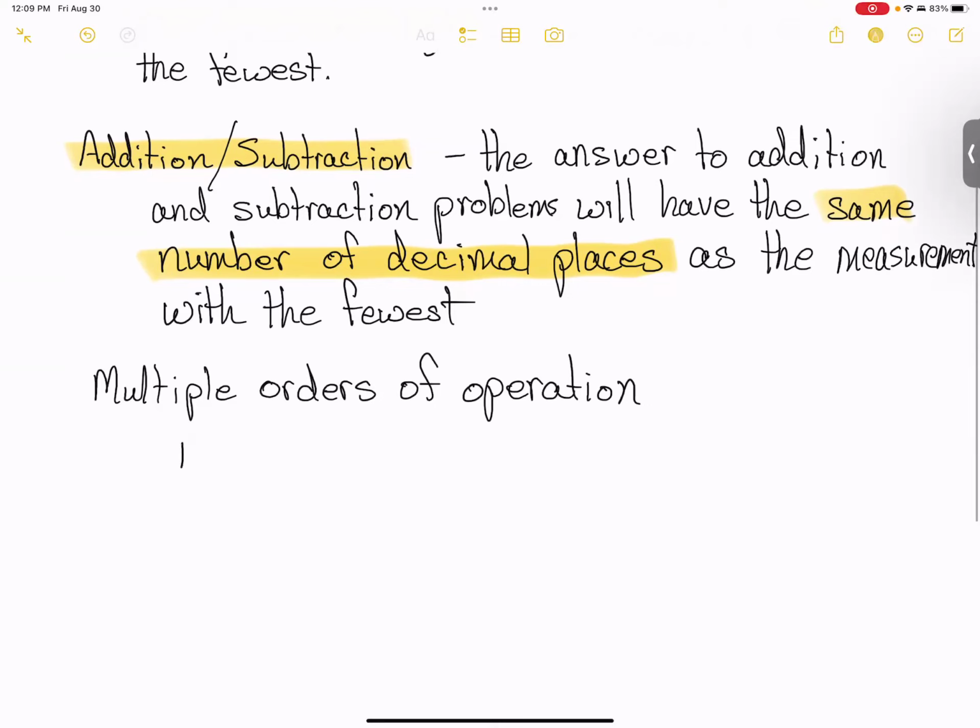And in that case, the first thing we do is we follow PEMDAS. Parentheses, exponential, multiplication, division, addition, subtraction.